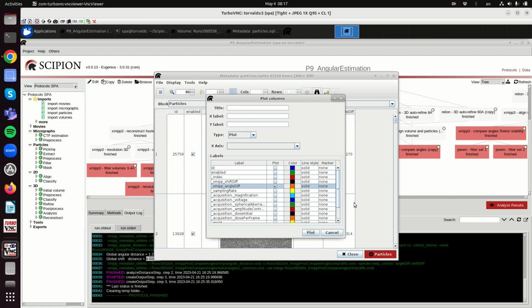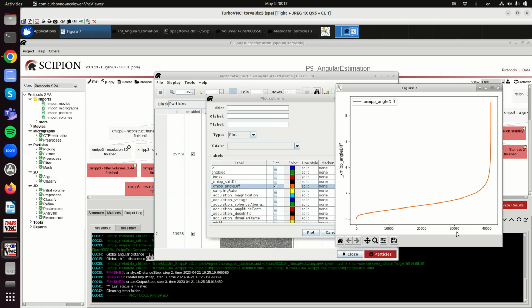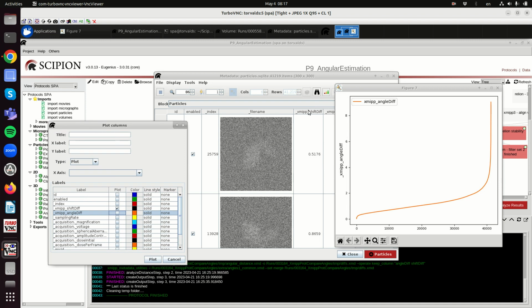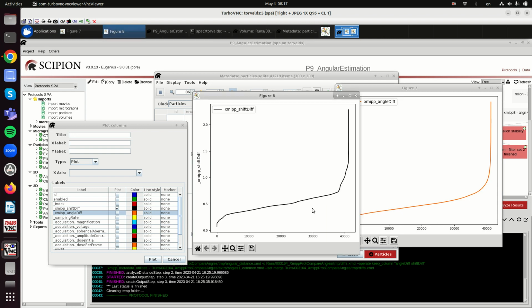Here, same kind of angular errors, and the same for the shifts. So now we sort by these, we plot, and same kind of stuff.